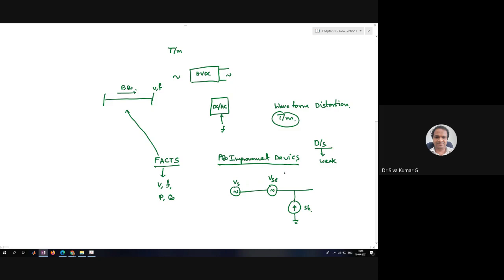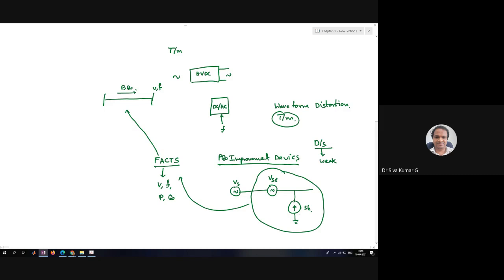A similar kind of system will be there in the FACTS device, but the functionality here I'm giving is about the power quality improvement device.